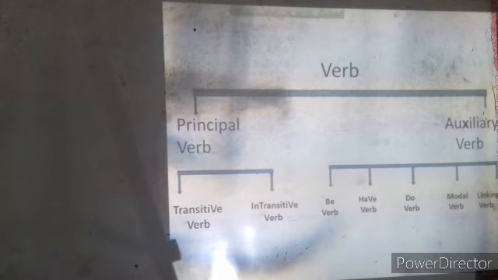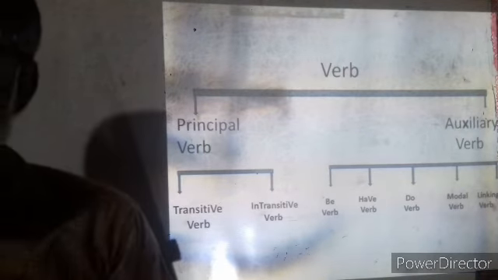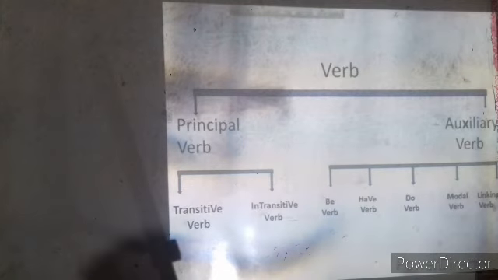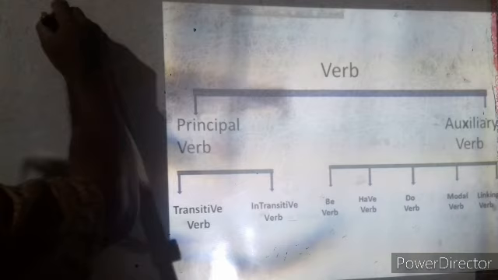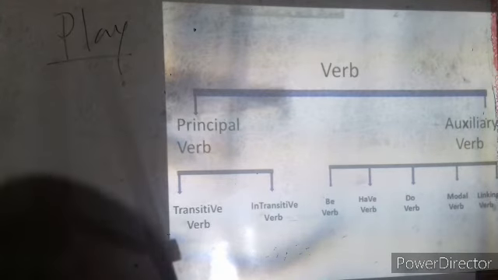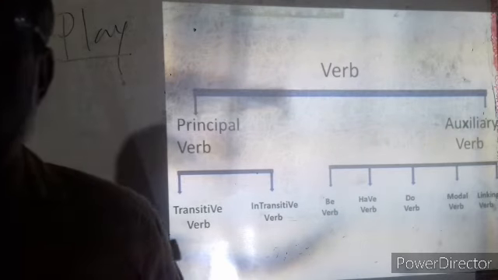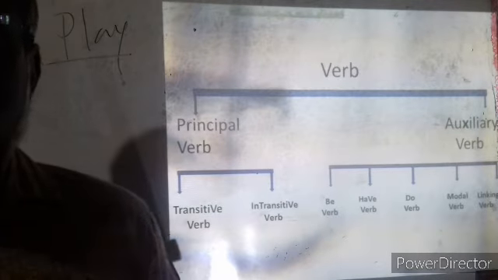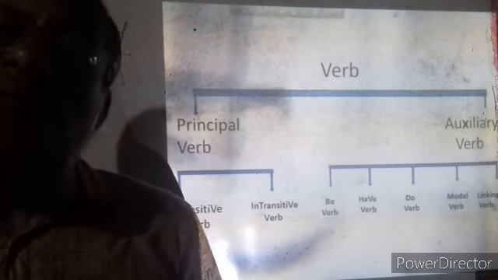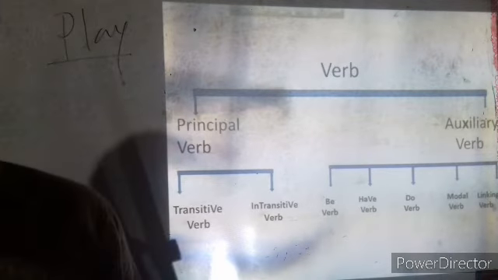My dear student, so if we want to identify only the verb, then it will be difficult to identify is it transitive verb or intransitive verb. I would like to give an example. Suppose play. If anyone asks you, tell me or describe to me, is play a transitive verb or intransitive verb? It is very difficult to identify.